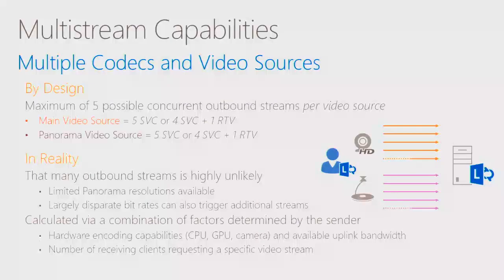So to dive into those stream capabilities a little bit more, when you're an encoder, there's actually 2 video sources that are defined. There's the main video source, which is your camera, USB camera, whatever you plug in. The panoramic, the old Microsoft Roundtable, the Polycom CX device that provides that panorama view, that's treated as a whole other video source. So if you have Lync connected to a panoramic camera, even though it's one set of camera lenses, it's actually 2 sources.